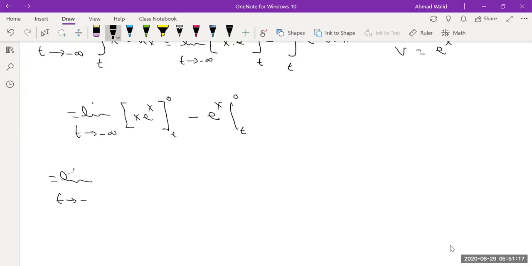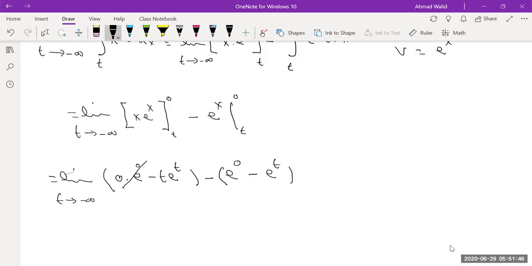Then this one equals limit t approaching to negative infinity. The first part, if I plug in, it will be 0 times e to the 0 minus t times e to the t, minus this part, e to the 0 minus e to the t.